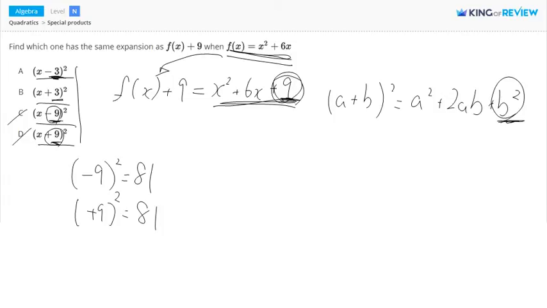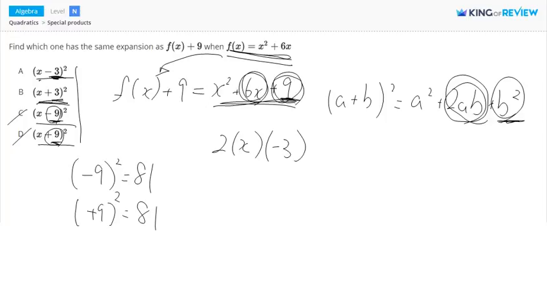So now you have to just think, which one, A or B, is going to give me the right answer? Well, then you can just look into this number right here in the middle. It says 2ab. This number has to be positive 6x. So if you think about A, I'm going to do 2 times a, which is going to be x for option A, and then times b, which is going to be negative 3.